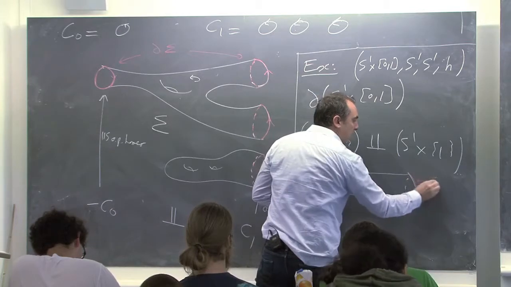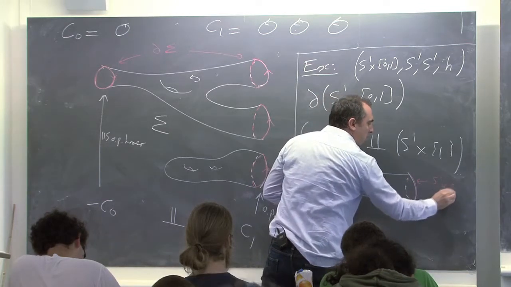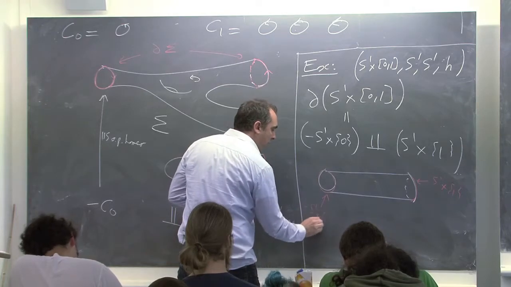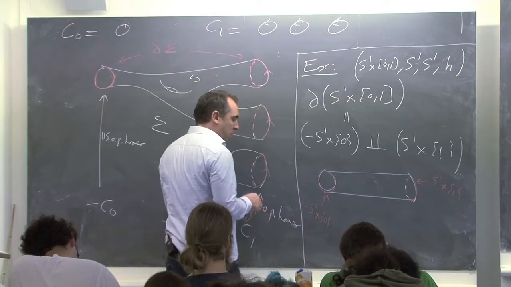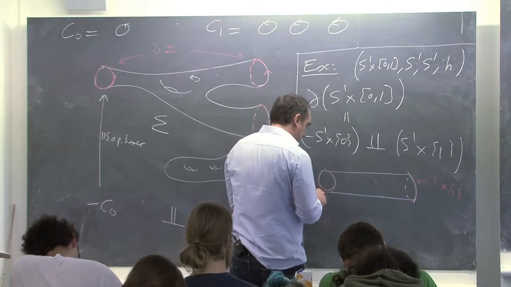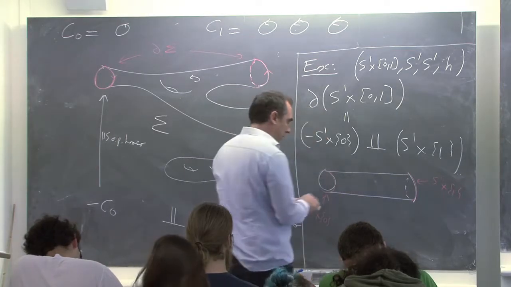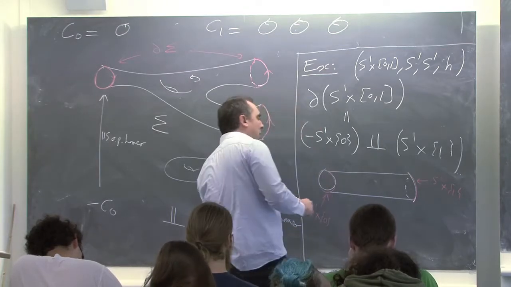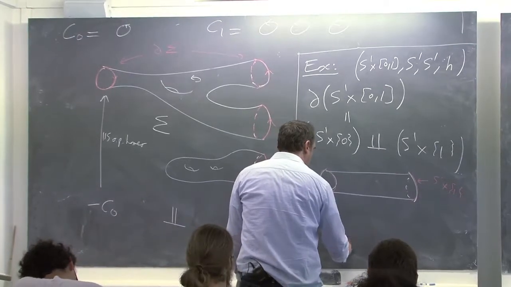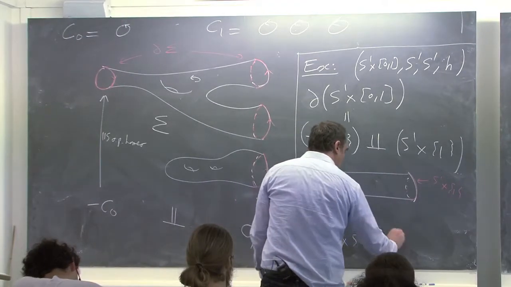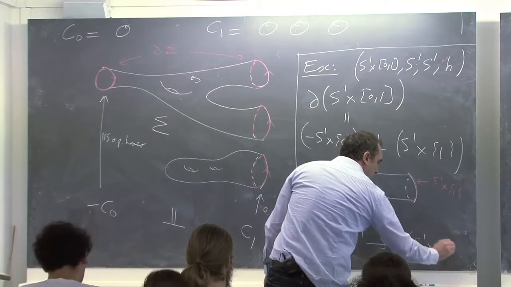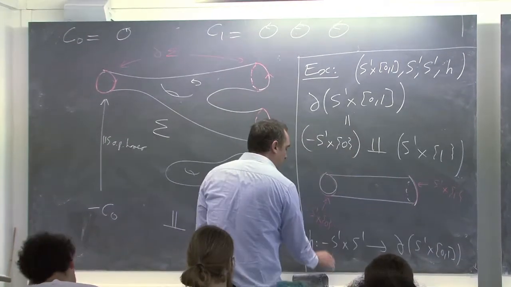So this is S1 cross 1, and this is S1 cross 0. And H, what is H here? It is quite clear.